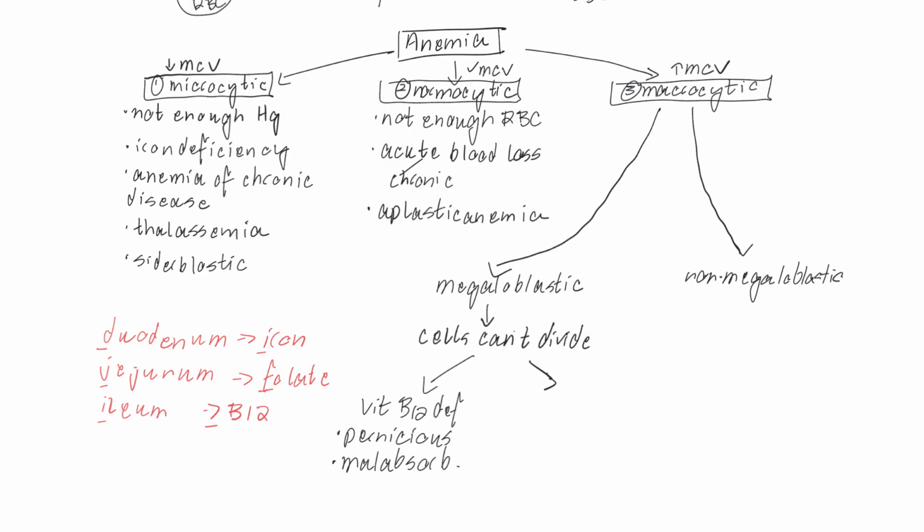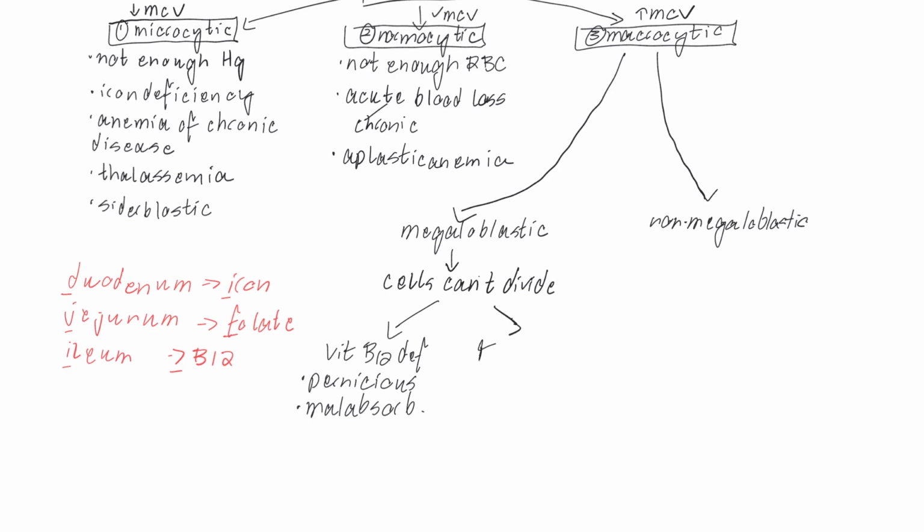So that's vitamin B12. Those are possible vitamin B12 deficiency anemias. There's also folate deficiency anemias. And this is from reduced intake, for example, alcohol, or increased demand. Pregnant women have an increased demand.